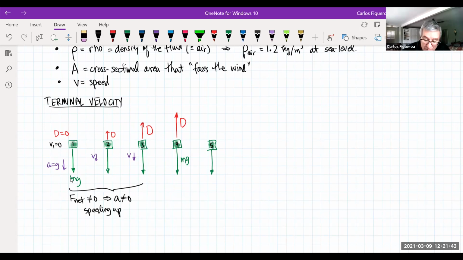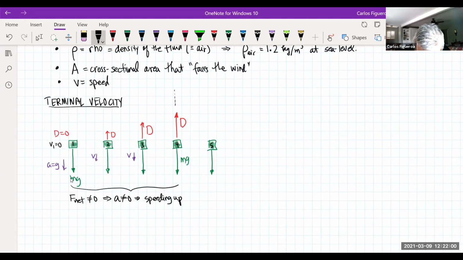But I should be real careful, because what I drew here is not correct. Up to this point, it's speeding up. And there's this point here where now I have balanced forces. After balanced forces, it's going to continue to move at constant velocity.